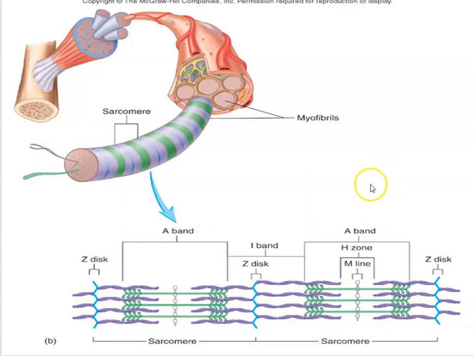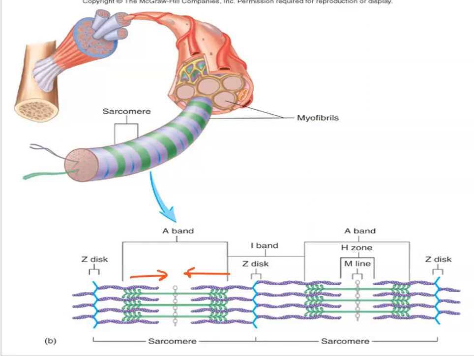So in this way then, myosin can grab actin and pull actin, the thin filament, towards the middle. So these myosin heads are grabbing actin all along here, grabbing it and pulling, pulling, pulling. And then same thing over here.